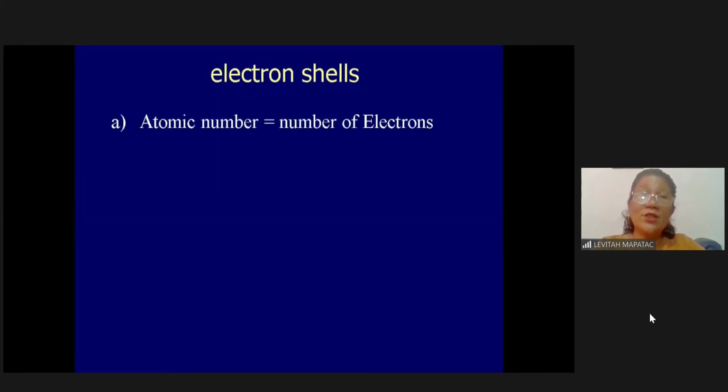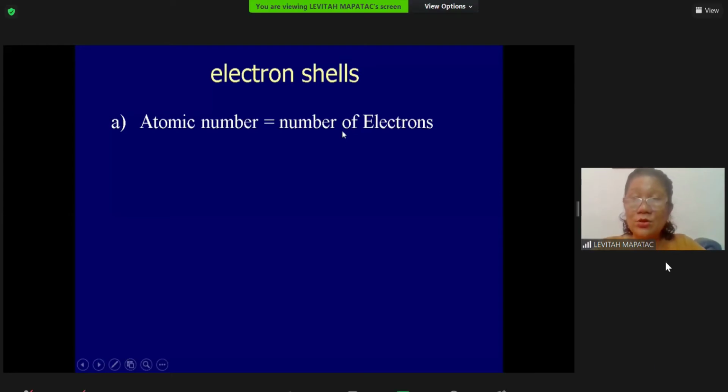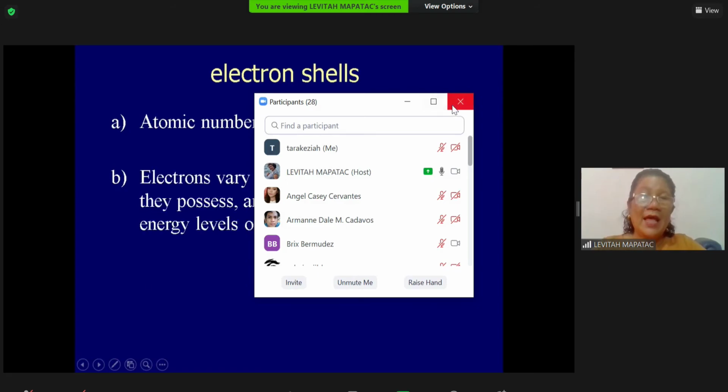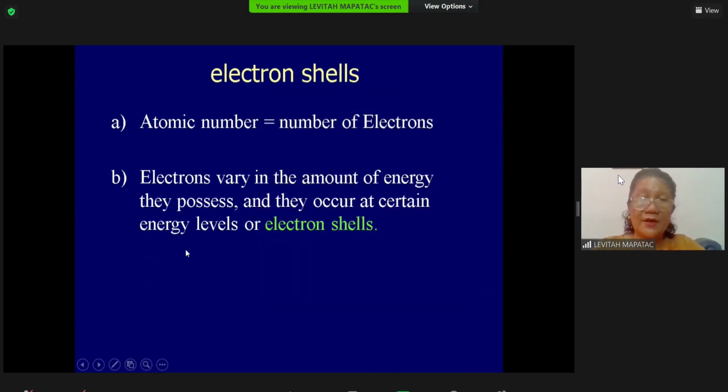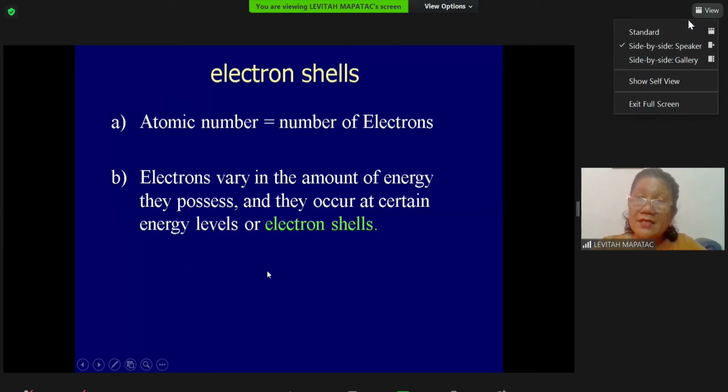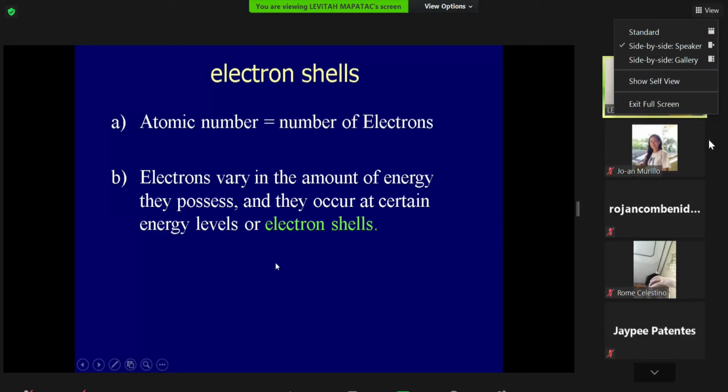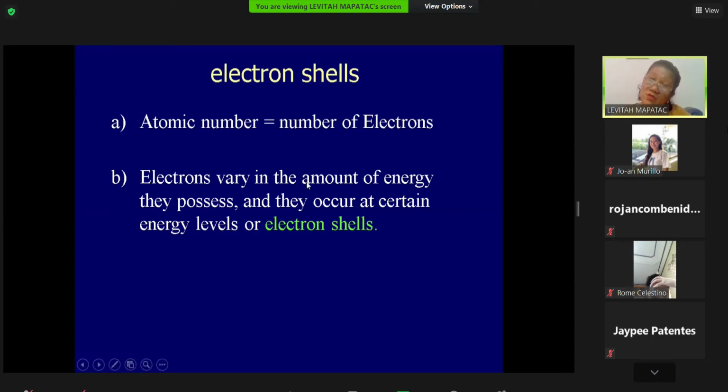Your atomic number is equal to the number of electrons. Electrons vary in the amount of energy, depending on the energy level. The farther from the nucleus, the higher the energy level.